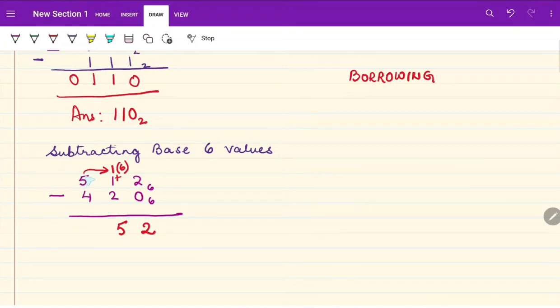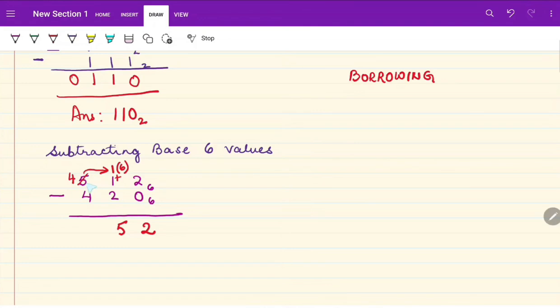And when I borrowed 1 bundle from the extreme left column, this became a 4, correct? So when I do the subtraction in this column, it will be 4 minus 4.